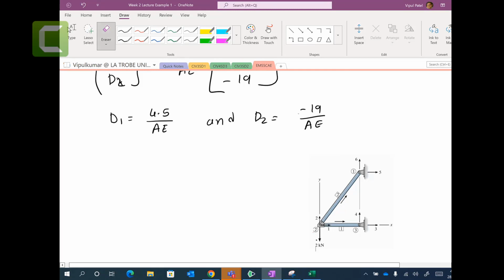So what this number is telling me is that your D2, which is this one, would be D2 equal to minus 19 over AE, that's the displacement, and D1 equal to 4.5 over AE.